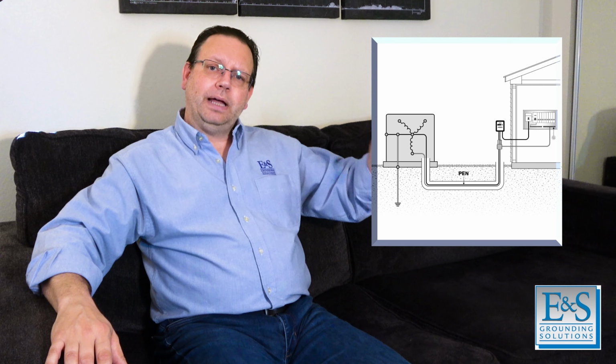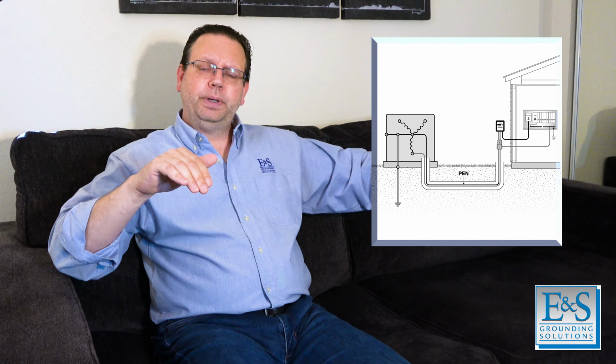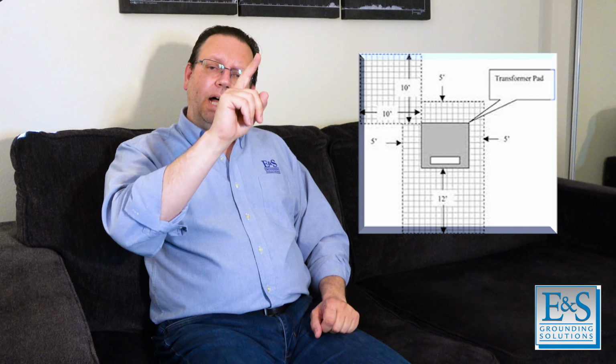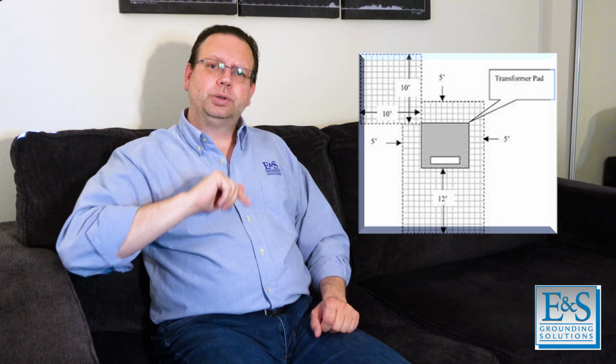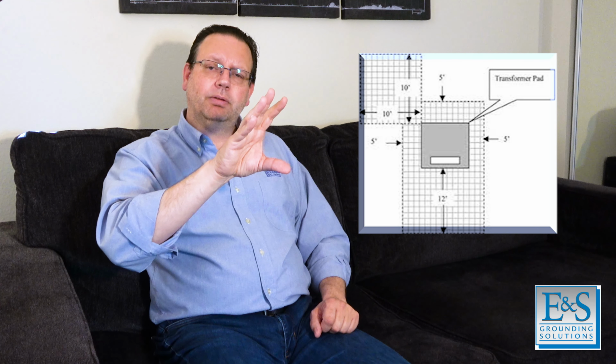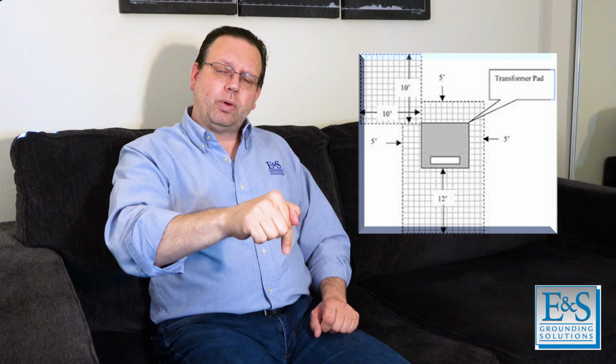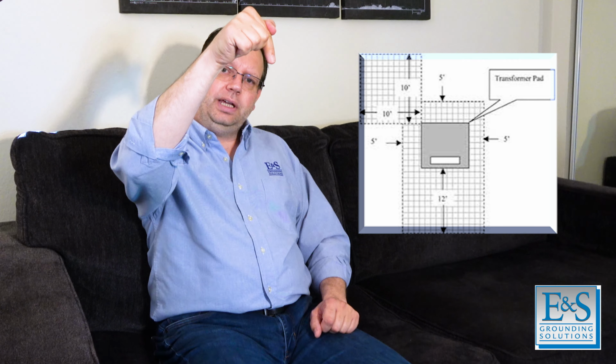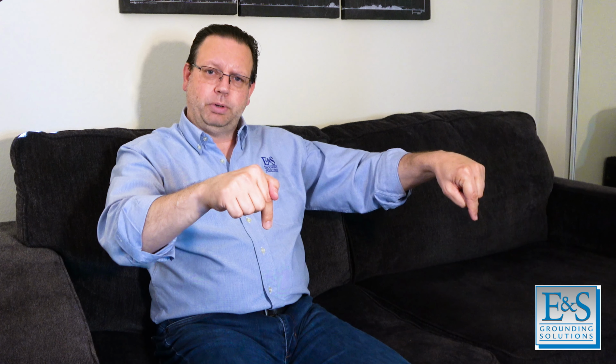You can imagine, for example, a continuous concrete pad with a pad-mounted transformer and then a building on it, and they're sharing a common piece of steel rebar between them. And they only bring over the hot and the neutral, and they're placing a neutral to ground bond inside the main panel. And then they install the ground rod, and it touches the steel rebar. And then the ground rod at the transformer also touches the steel rebar.